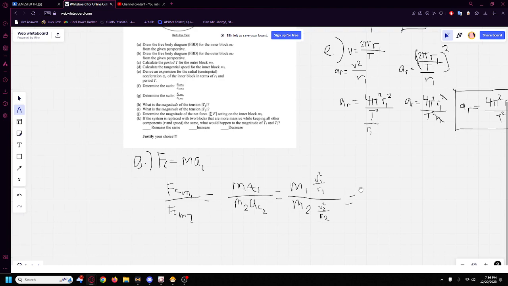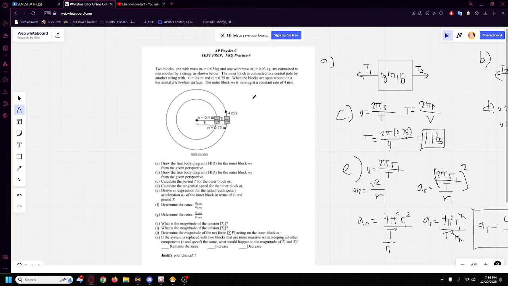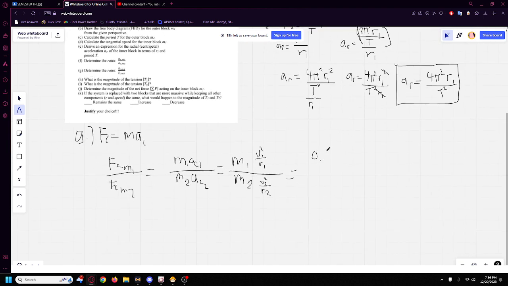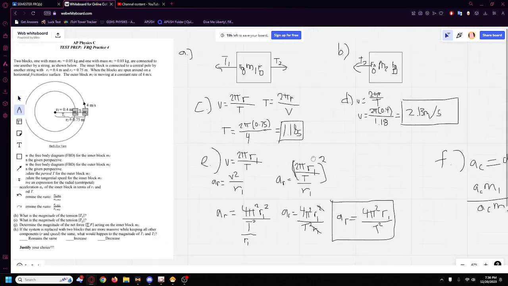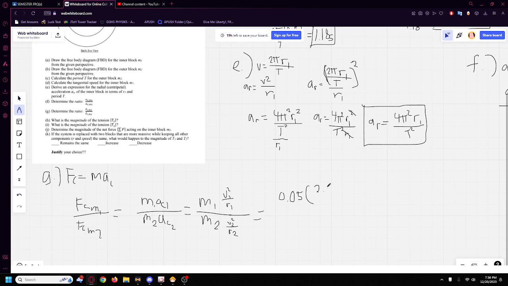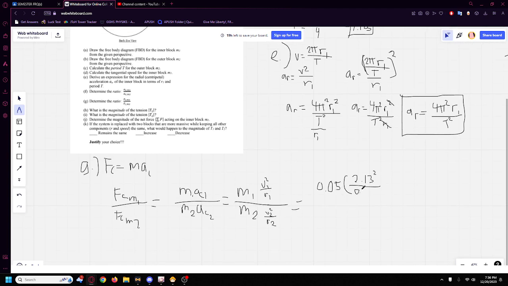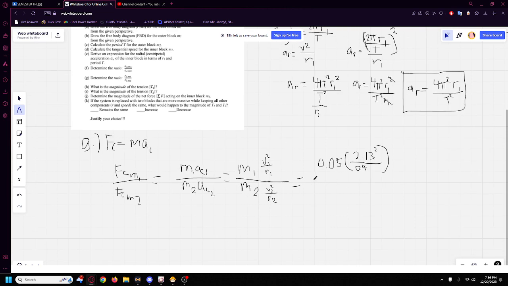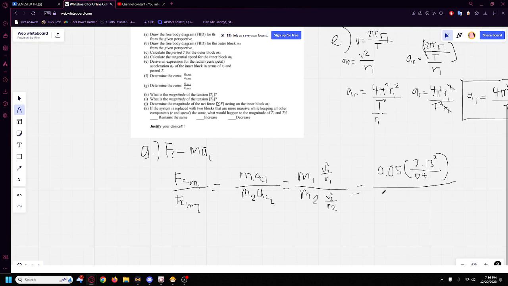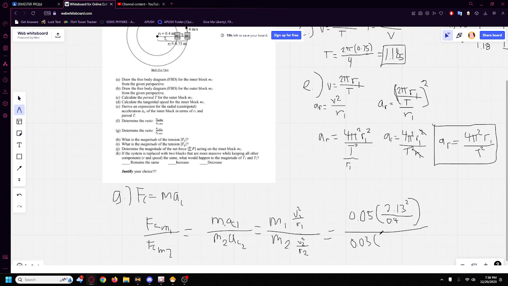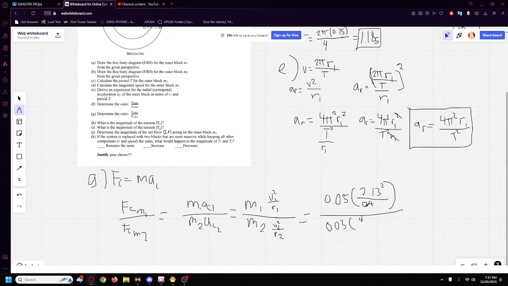And when you plug in the numbers, the first block is 0.05 times V1, we solve 2.13, and we divide that by R1, which is 0.4. And M2 is 0.03, and the velocity is given as 4, and divide by 0.75.